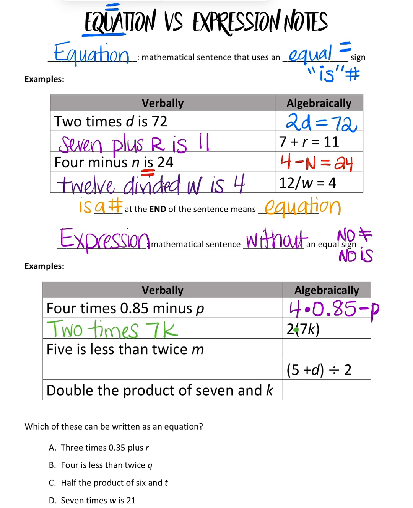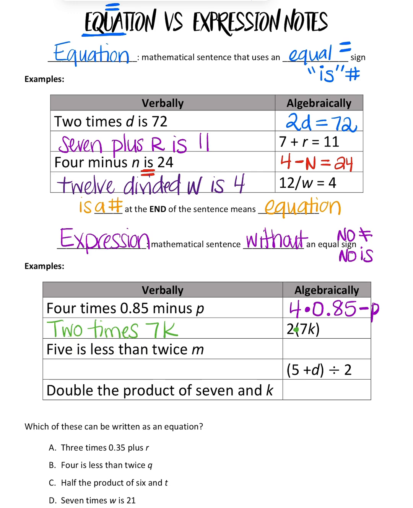All right, the next one says 5 is less than twice m. So 5 is a great word, right? But I just told you these are expressions. So why does this "is" not count? Because that says "is less than." When it says "is less than," do you guys remember what it is? It's an inequality symbol.